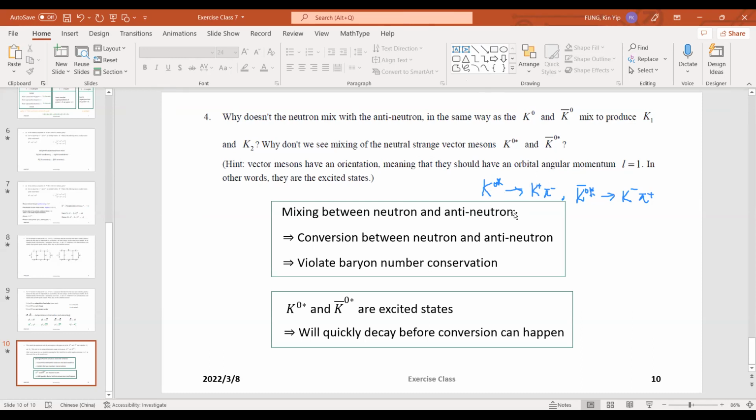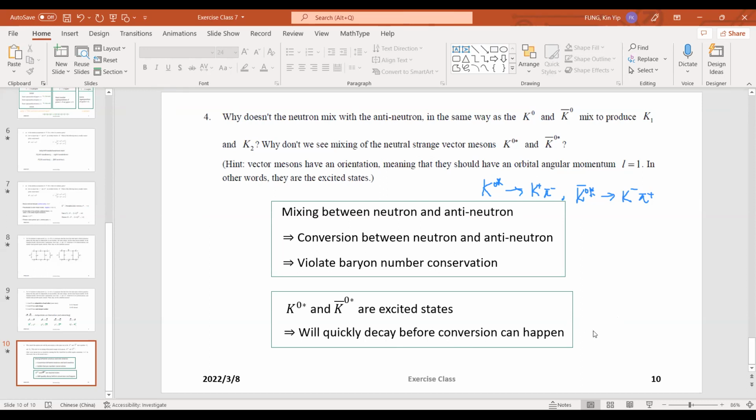But the entire argument here in the slide is that because they're excited states, therefore they will decay faster. But the K naught also decays, and the K star also decays, but you're saying that K star is an excited state, that's why it decays faster. But as you just mentioned, there is no... Yeah, the key argument here is just that they decay faster than the conversion rate.